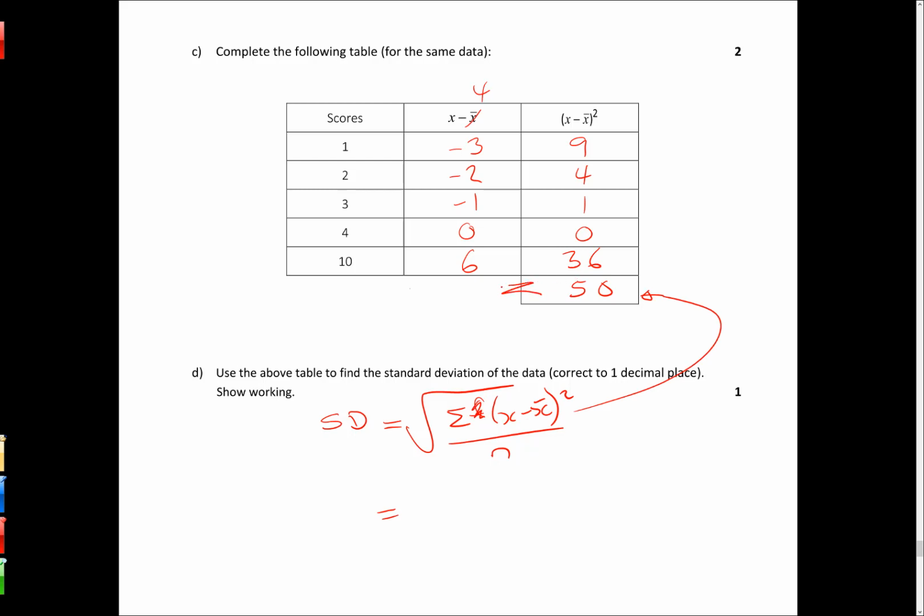That is the sum of this column. The number of scores, well, there were only 5 scores, so that's root 10. To one decimal place, go to the trusty calc, root 10 is 3.16. So that rounds up to 3.2 to 1 dp. Done.